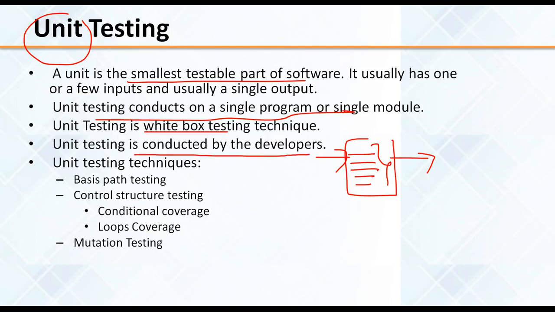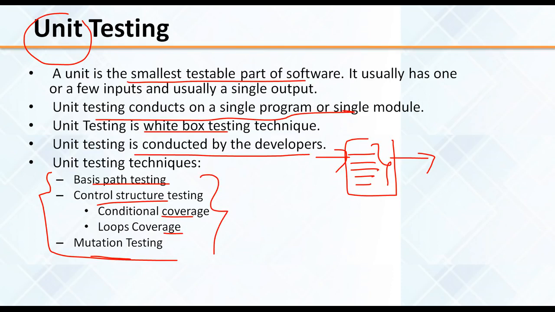And they will use certain techniques for conducting unit testing. So basis path testing, control structure testing, conditional coverage, loops coverage, mutation testing. These are the different techniques the developers will use to conduct unit testing. Okay, so this is all programming related. We need not focus more on these unit testing techniques because we are not going to conduct the unit testing or integration testing.